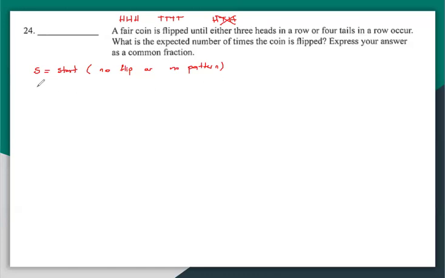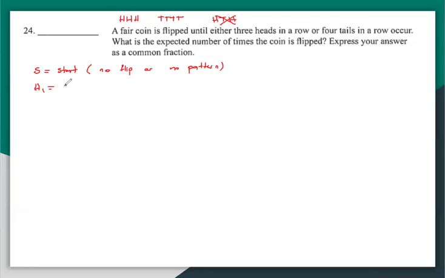And then H1 means the last flip is H. If this is H, that's only one H, and right before we do not know what's going on, so the last flip is a head: one head in a row.